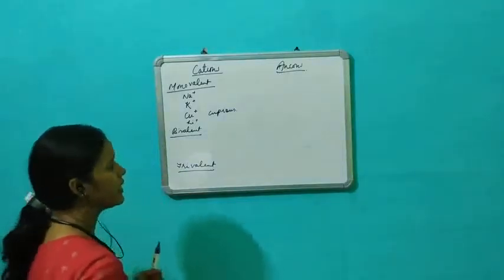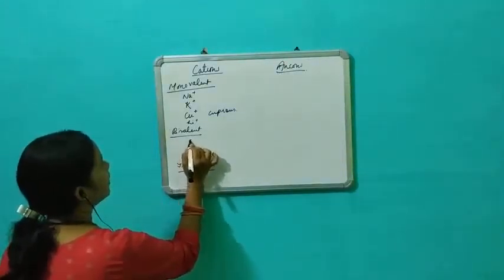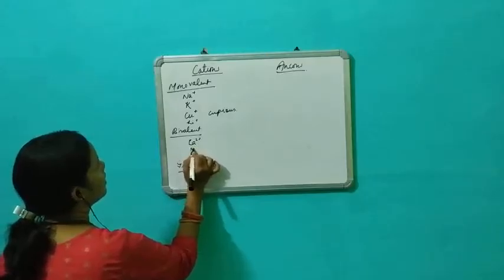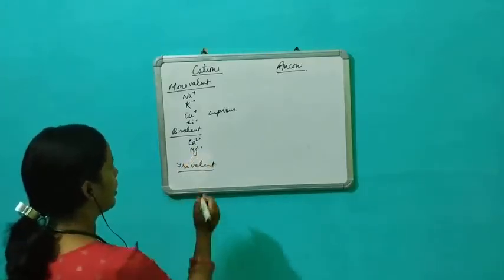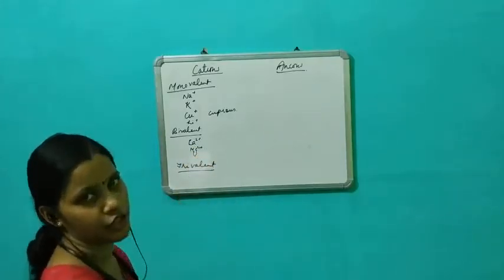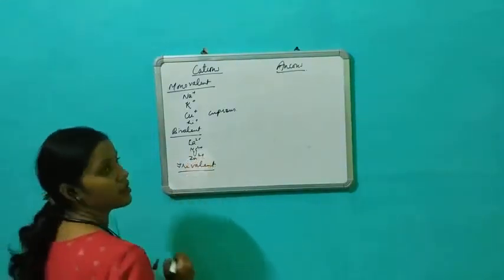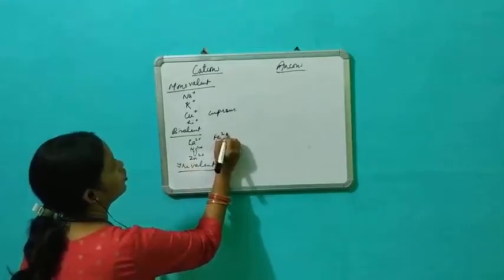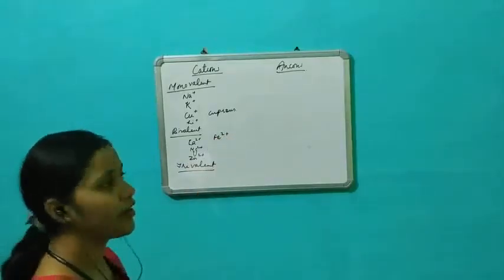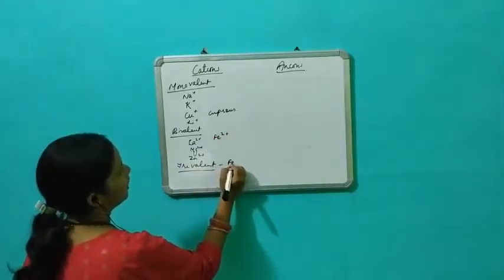If we say bivalent, then we have Ca2+, Mg2+, magnesium and calcium. Then we have Zn2+, we have Fe2+. Iron can form Fe2+ also, it can form Fe3+.